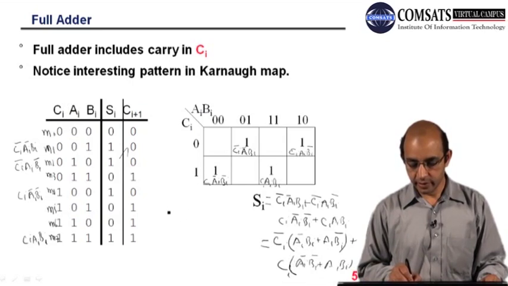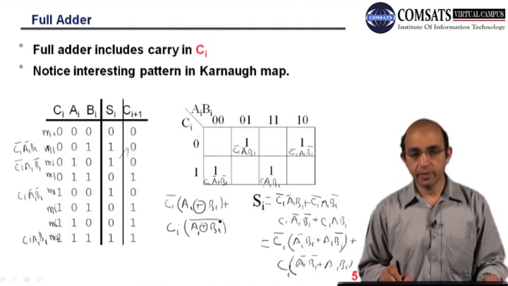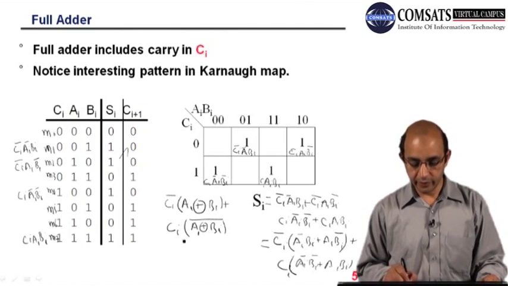So if I start here, right, so Ci bar and Ai XORed with Bi, right? So here plus Ci, A plus Bi whole complement, right?